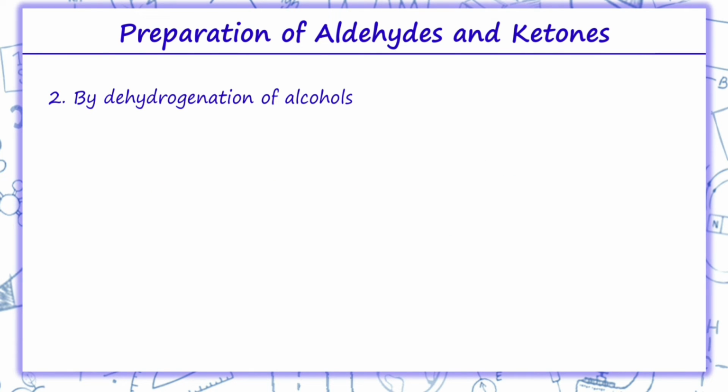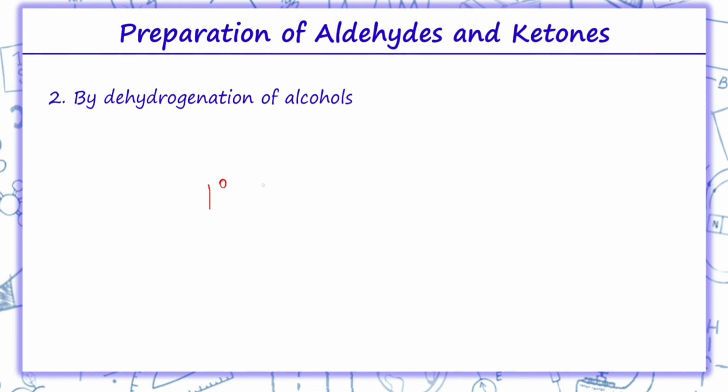Moving on to next, by dehydrogenation of alcohols. This method is basically used for volatile alcohols, and in this method alcohol vapors are passed over a metal catalyst like silver or copper.